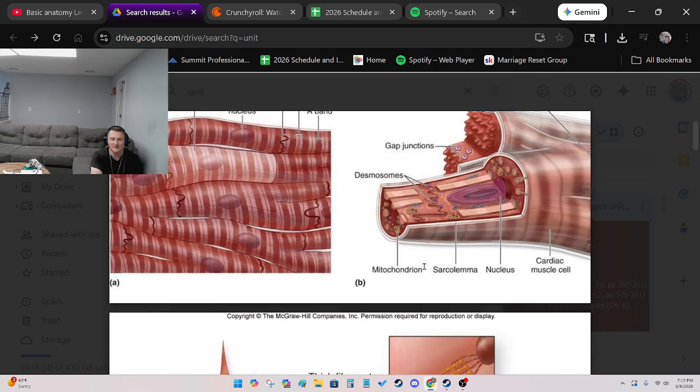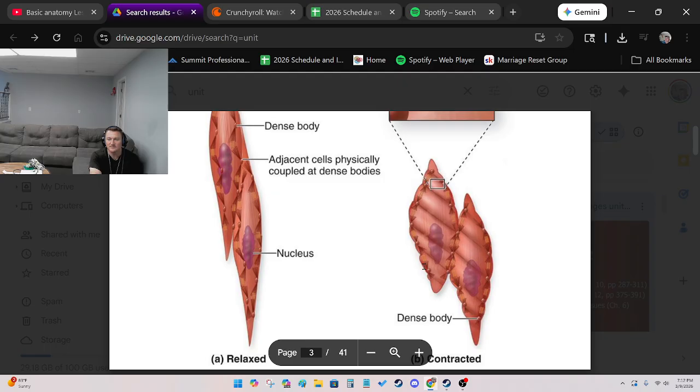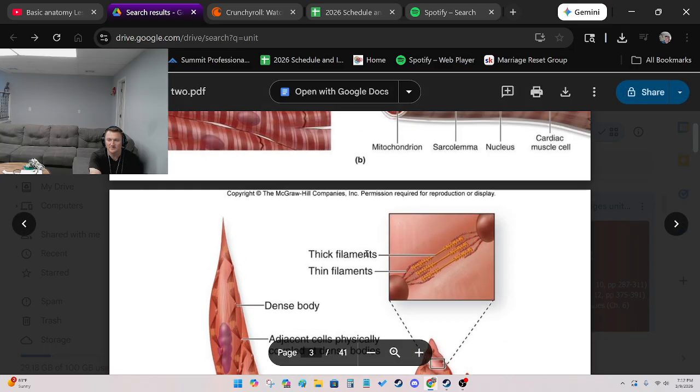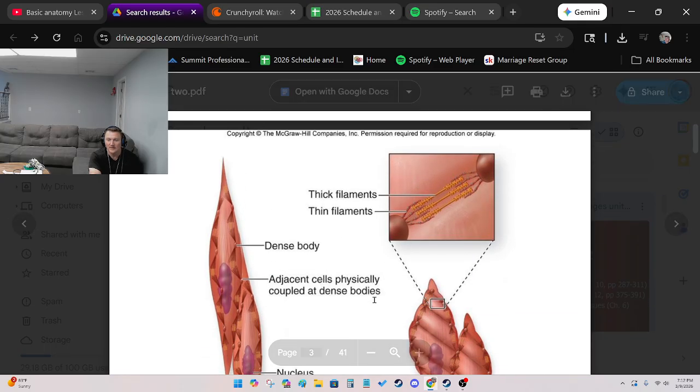I bands, A bands. Now, I bands and A bands are really going to come into play here pretty quick. This is thick and thin filaments of the muscle.